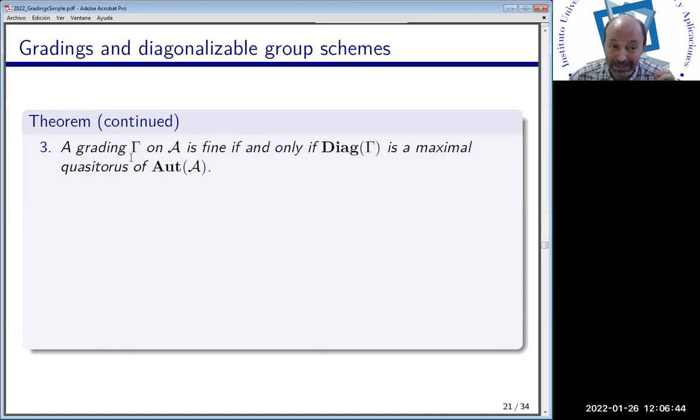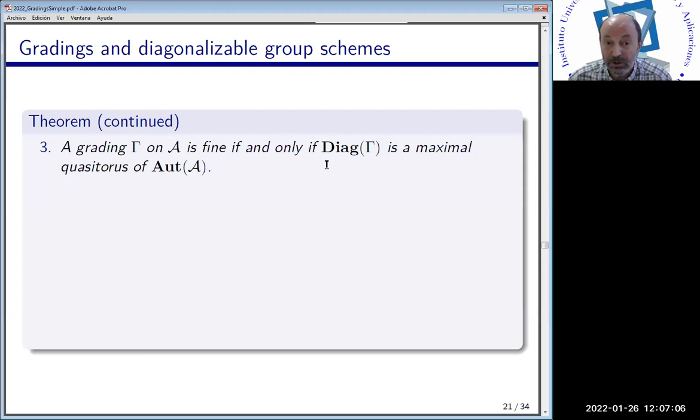This is a grading by this universal group. Then it has a corresponding diagonalizable group scheme that corresponds to the universal grading group, and this is isomorphic to this diagonal group scheme. And this is a maximal quasitorus.